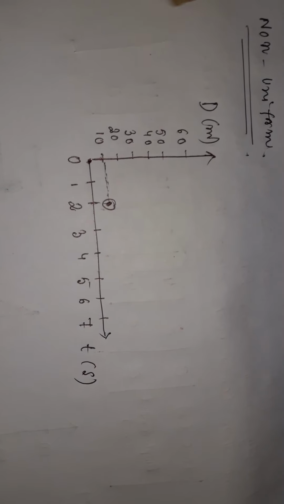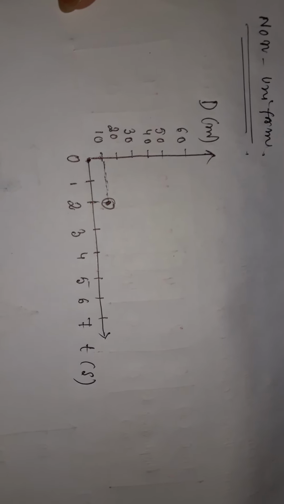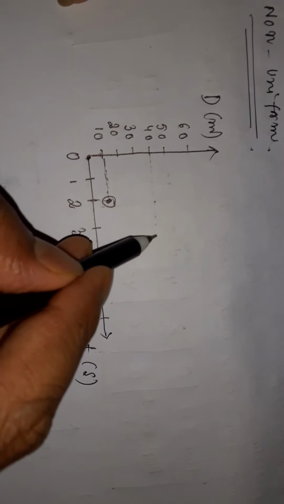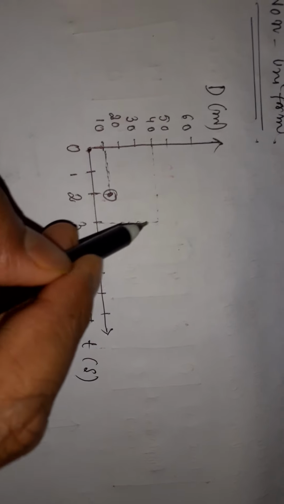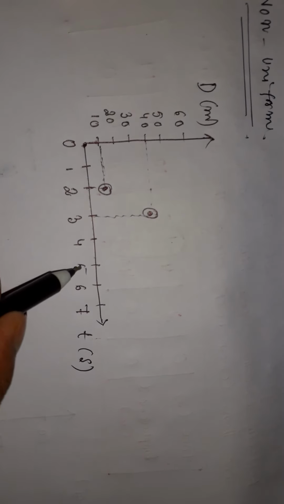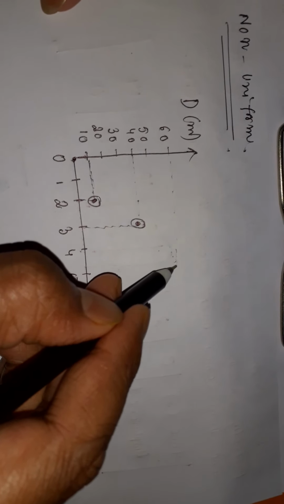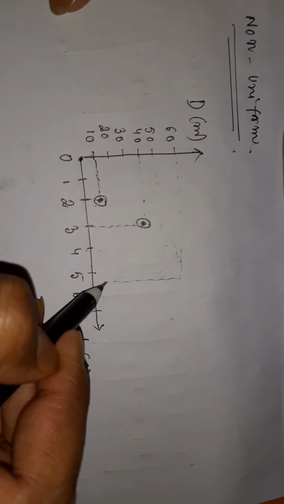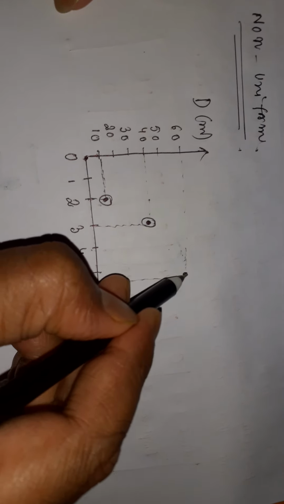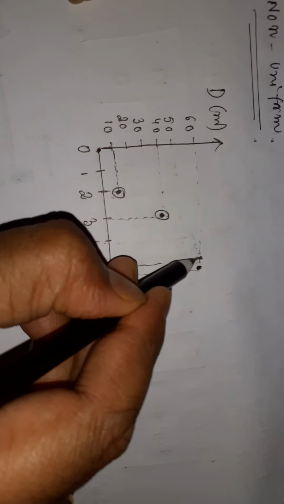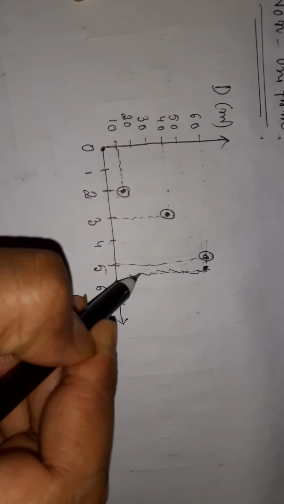At 3 seconds maybe you are getting the displacement equal to 40 meter. At 4 seconds maybe you are getting 60 meter. Sorry, at 5 seconds maybe you are getting the displacement equal to 60 meter.